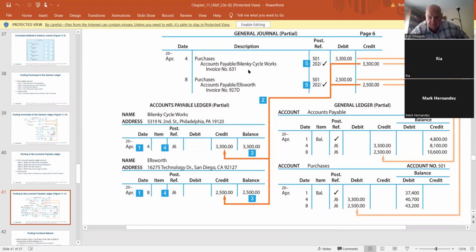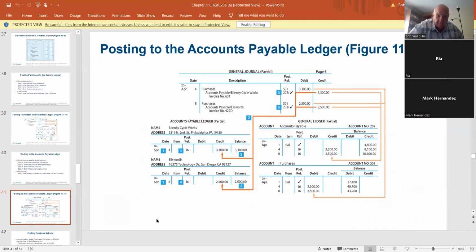And what happened was Blinky bought 3,300, credit. That's the balance that they owe. 2,500, no beginning balance, 2,500, okay? The accounts payable ledger shows all the activity by vendor.